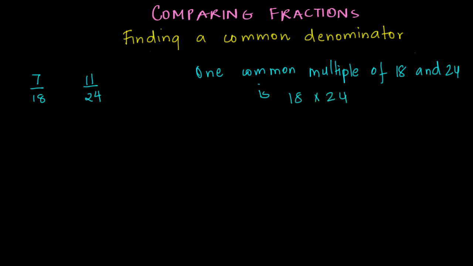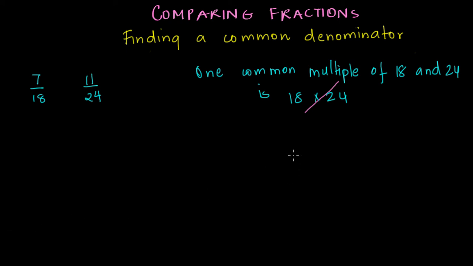Just like we did earlier, we said a common multiple for 8 and 3 is 8 times 3. So a common multiple for 18 and 24 is 18 times 24. But that's going to make these numbers really big, and it's going to make the problem more complicated than it is. So I'm not going to use 18 times 24 as a common multiple.